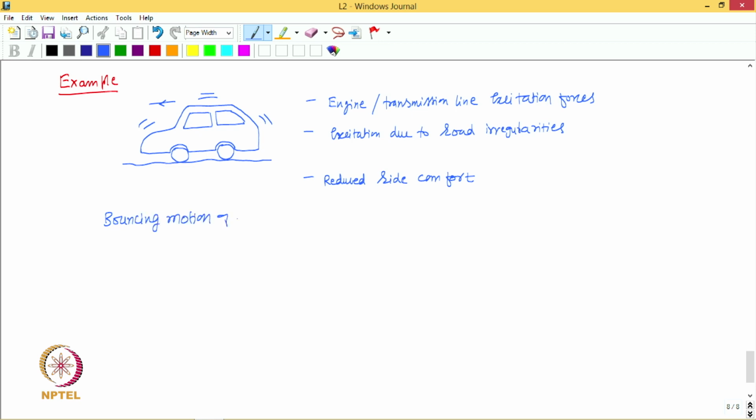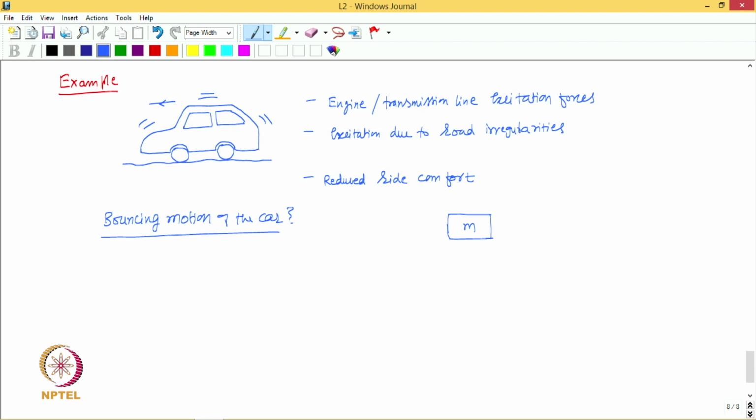A straightforward approach to study this could be to represent the mass of the car as a rigid mass m. This represents the mass of the whole car, the sprung mass, which is going to vibrate, right.